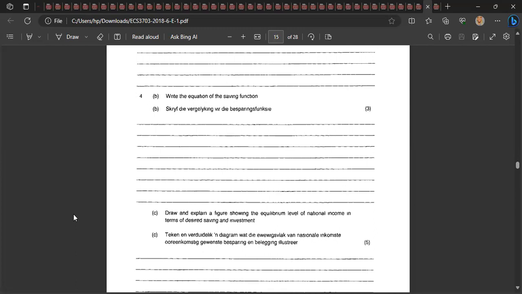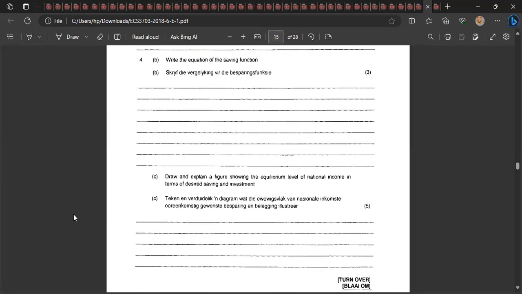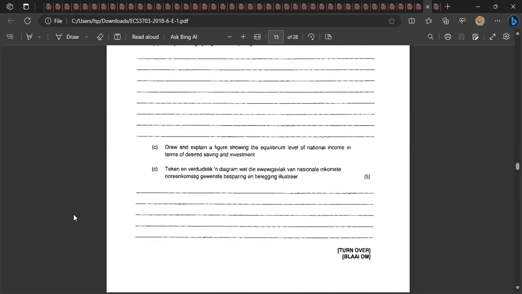And then draw and explain a figure showing the equilibrium level of national income in terms of desired saving and investment. I don't know why they are concentrating so much on these things you'd expect to find on the second level, but it's still fine.